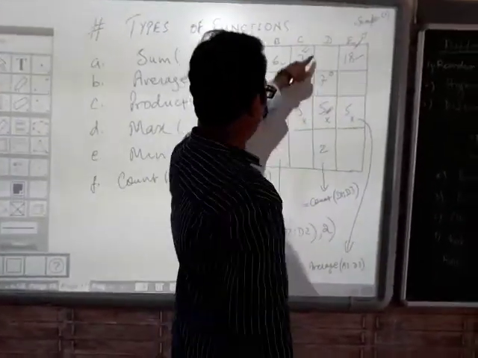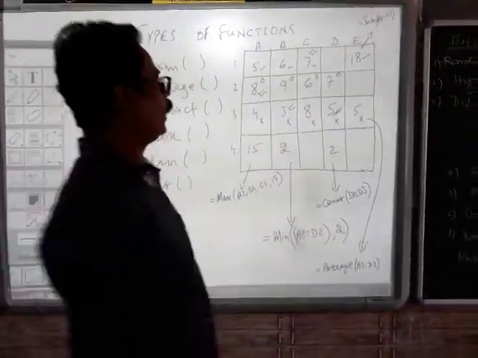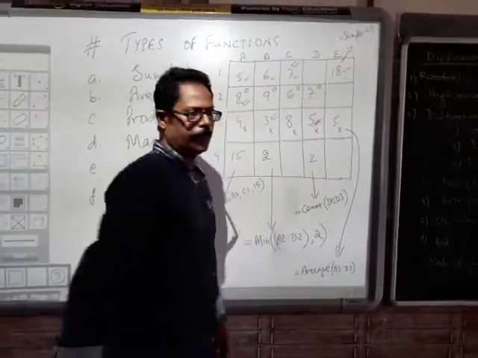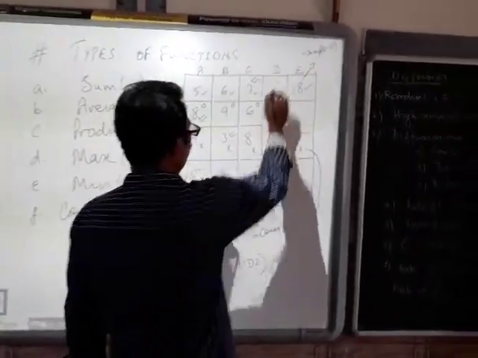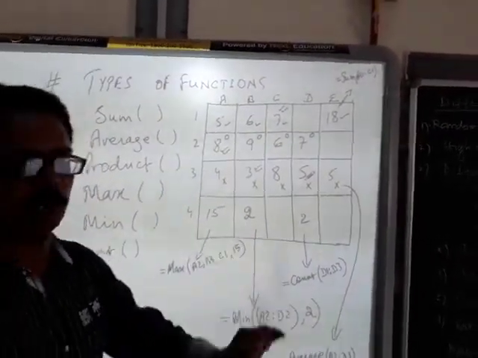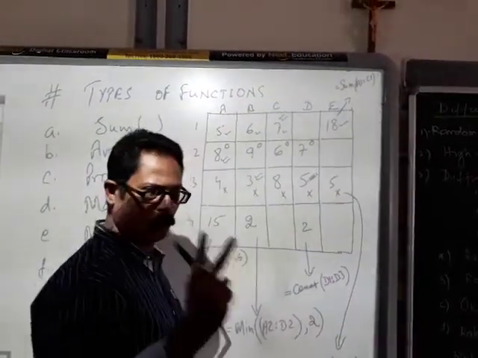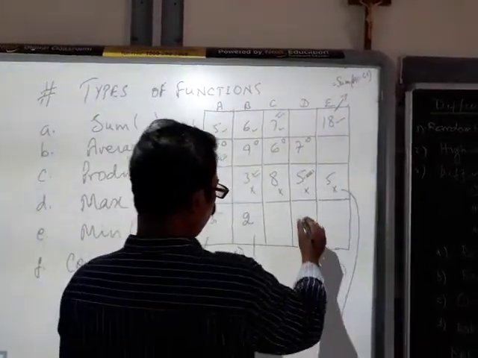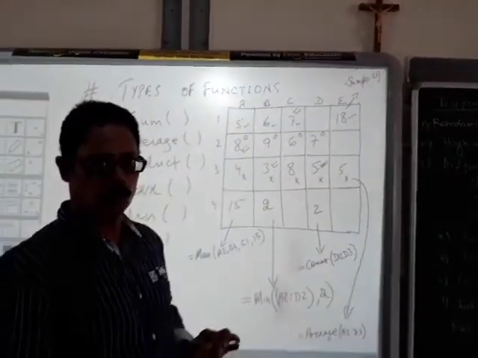The moment we count, it counts the numeric values that are present. For example, D1 does not contain any value, so it will not be considered. If I write something here, say XYZ, it will not take it because it is non-numeric. It will take only the numeric values. So in this way, we have 7 and 5. That means there are 2 numeric values. Therefore, it is going to display 2 over here.